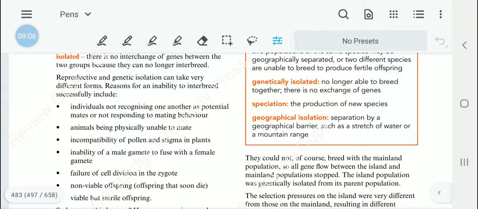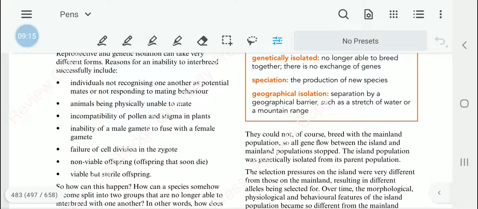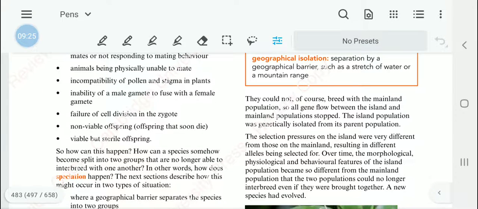This can happen due to, number one, individuals not recognizing one another as potential mates. Number two, animals being physically unable to mate. Number three, incompatibility of pollen and stigma in plants.